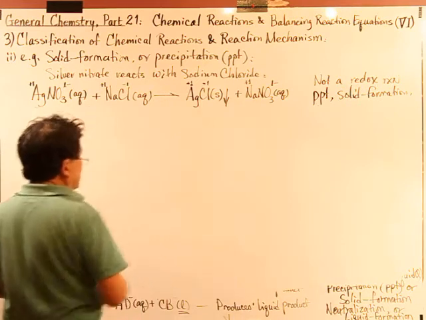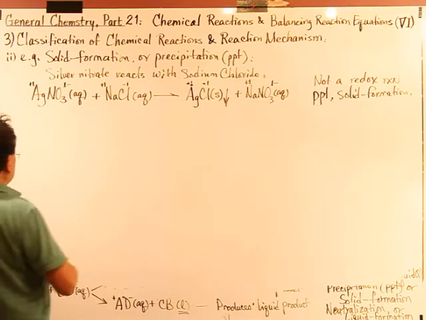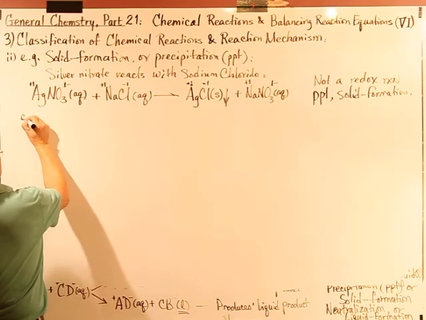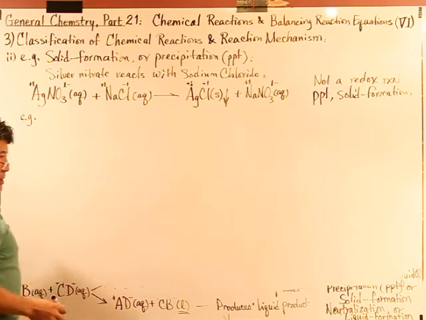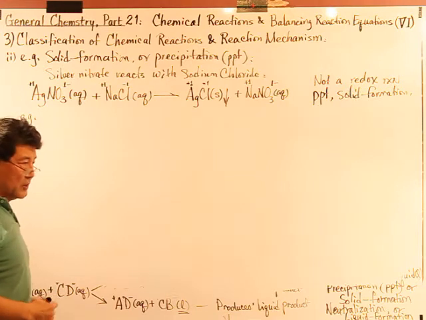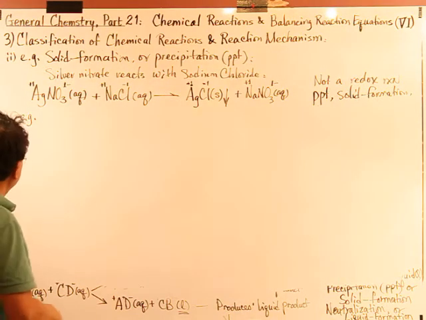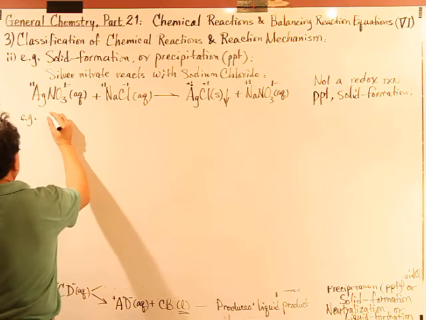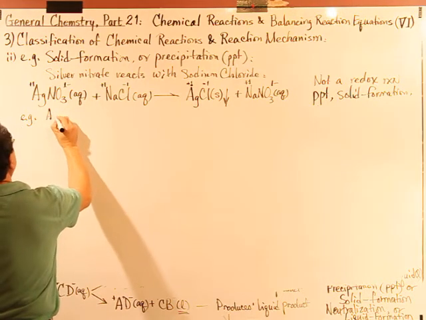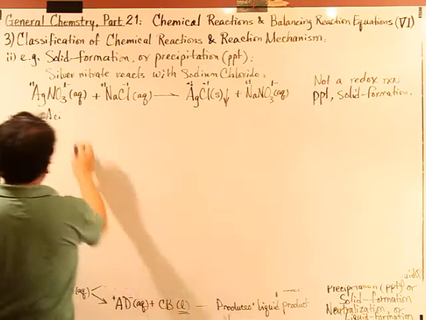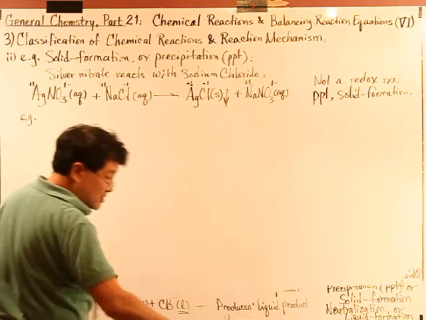All right, not a redox because there's no electron transfer. So that's one. Now then we have another example, for the liquid. Liquid formation. So let's say the acid. Let's put this simple reaction. Let's see.